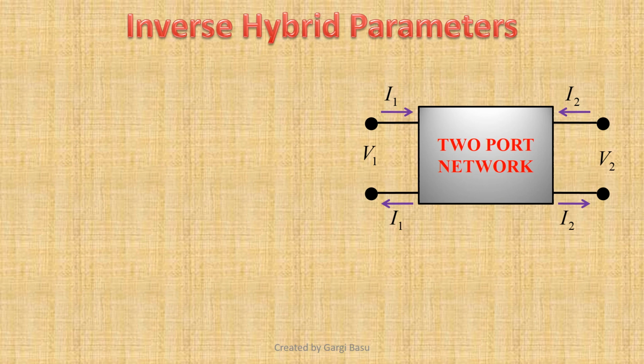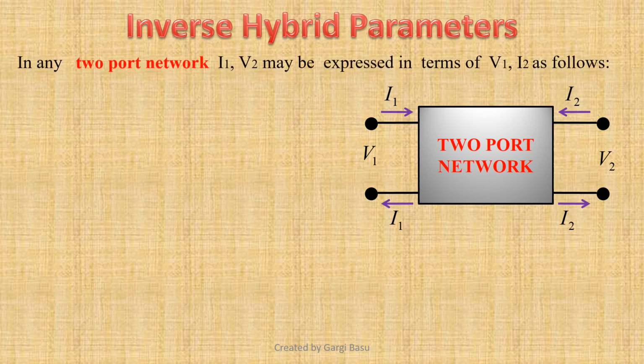Inverse hybrid parameter representation is the dual of hybrid parameter representation. In this method, we express input port current and output port voltage in terms of input port voltage and output port current.